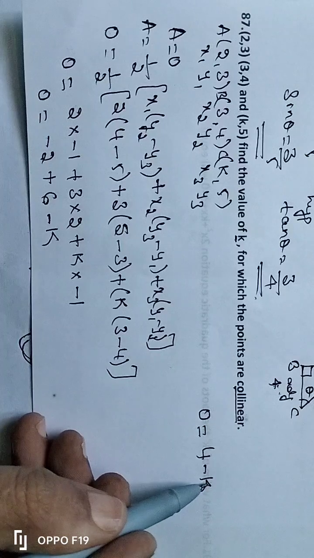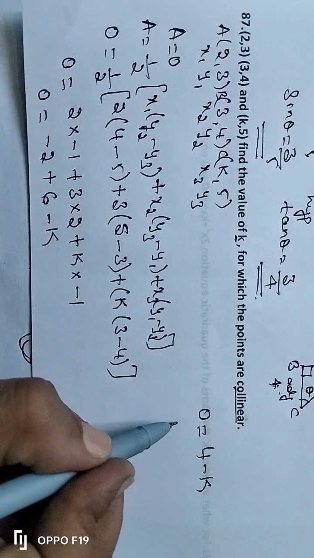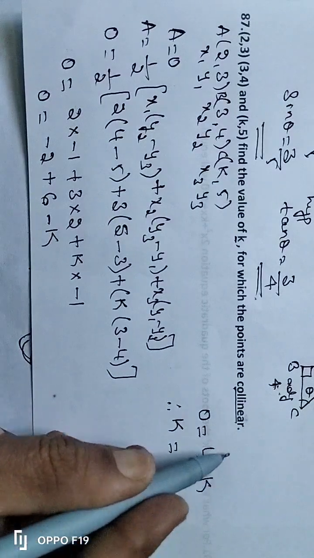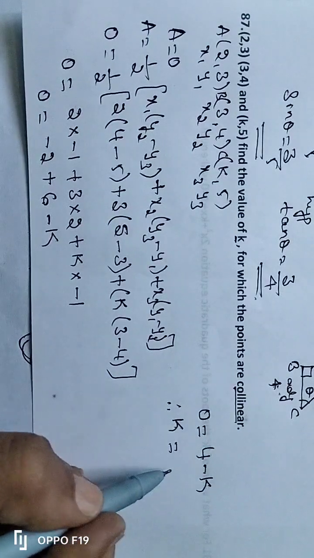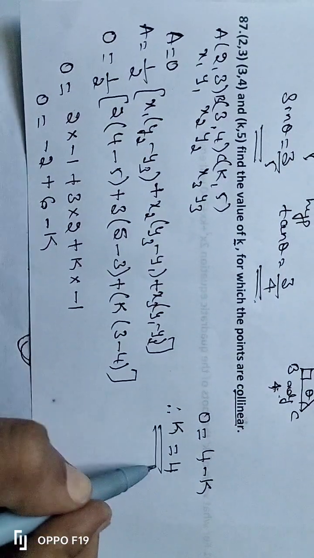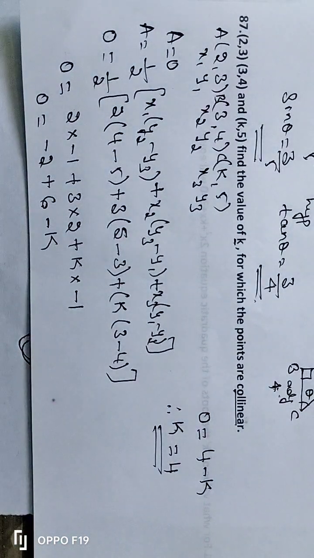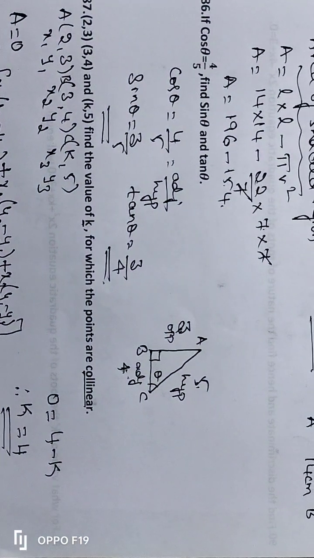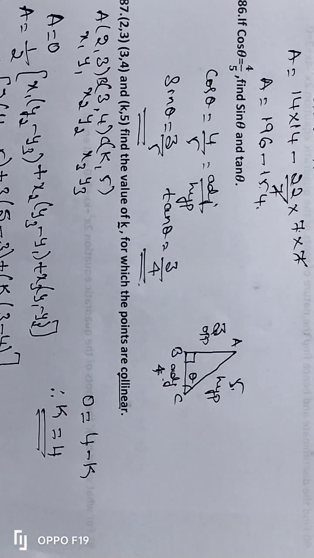If I shift minus k this side, it will become plus k, and k is equal to 4. Like this we have to find the value of k when the given points are collinear. If the given points are collinear, then the area of the triangle will be 0.